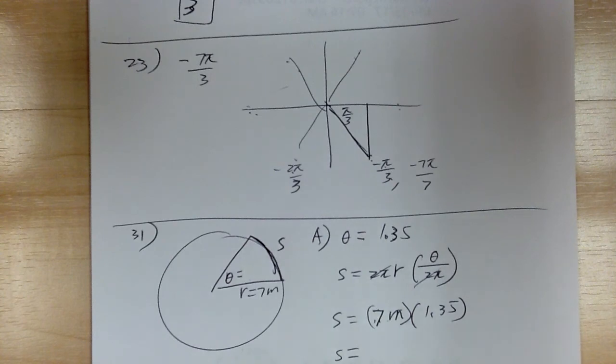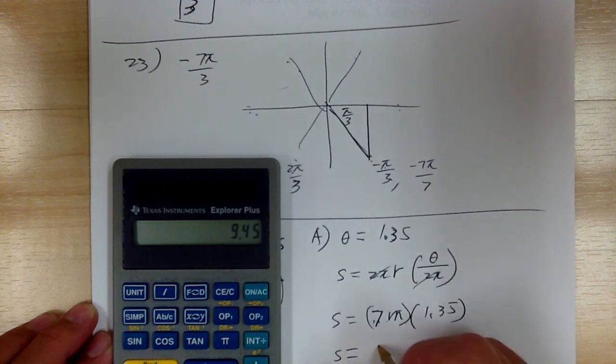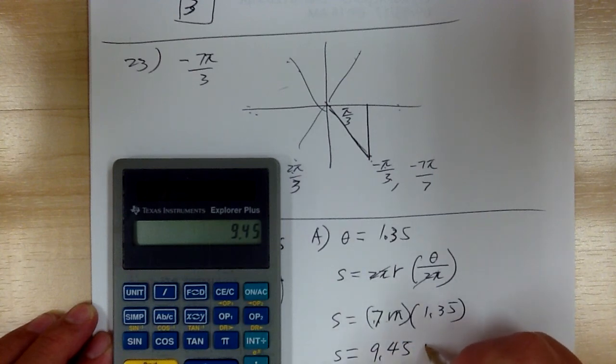You get your calculator and multiply out. 7 times 1.35 equals 9.45, and the measurement is meters.